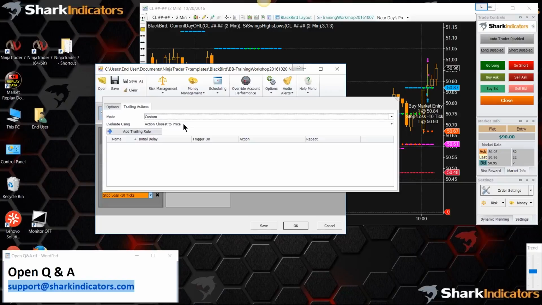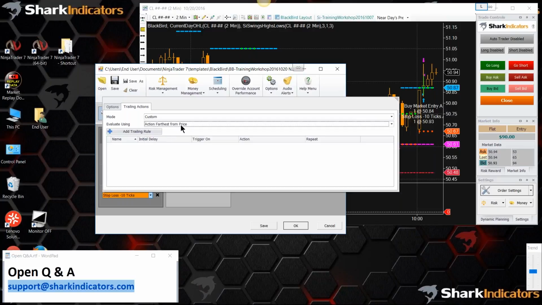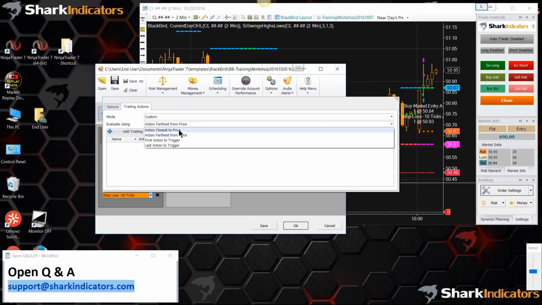Because that just means you're more exposed and you can lose more of those gained profits. So the default evaluate using is closest to price there. The furthest from price, I'd say, is probably going to be more commonly used in your profit target, right?